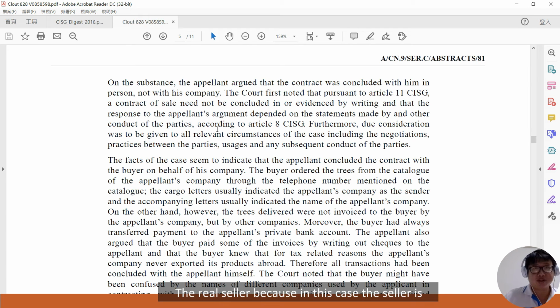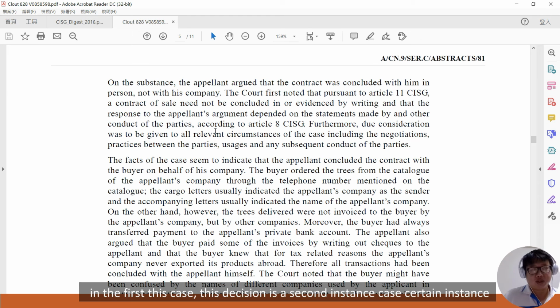In this case the seller is a Dutch person, but that Dutch person has several companies. He issued the invoice not in his own name but in a certain company's name, yet he received the payment in his own private account.